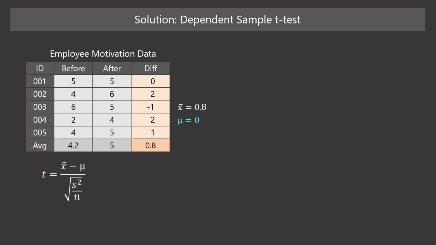So here, we set the population mean, mu, to 0. The unbiased variance is computed for the motivation difference between before and after the intervention. So it is 1.7. And the sample size is 5. By plugging in these values, we can get the t-value, 1.372.